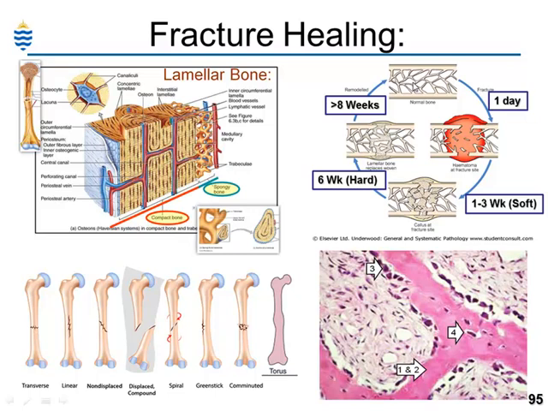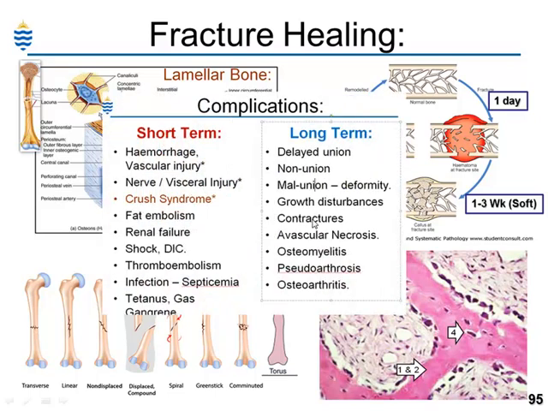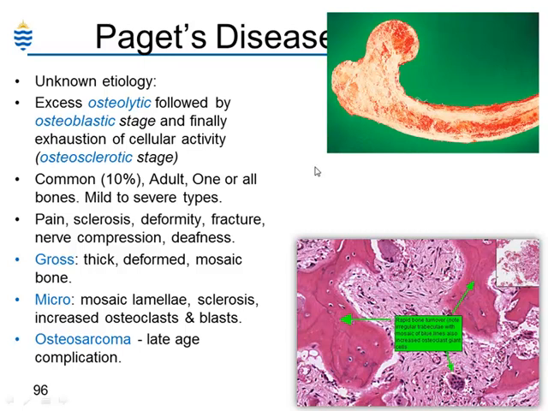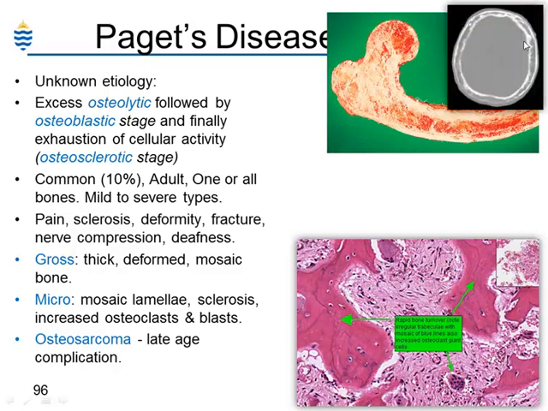In a typical healthy adult, the times can vary depending on other risk factors. Complications we have already discussed, short term and long term. Paget's disease is of unknown etiology, excess breakdown and excess healing, that is all, fractures everywhere. It can occur in one bone or multiple bones, and can lead to osteosarcoma as a complication.